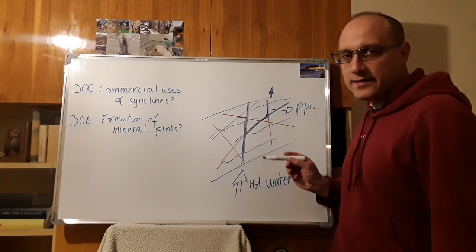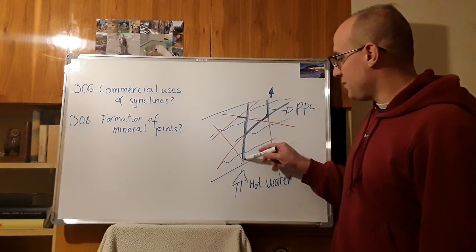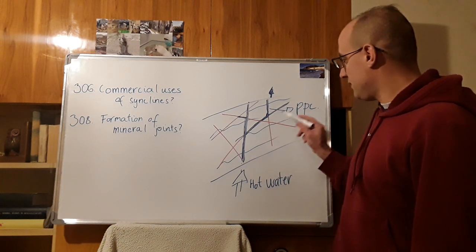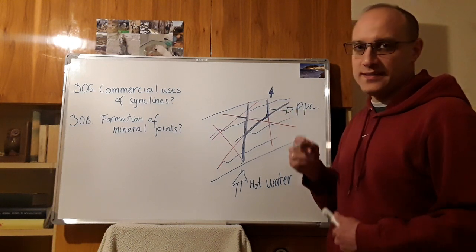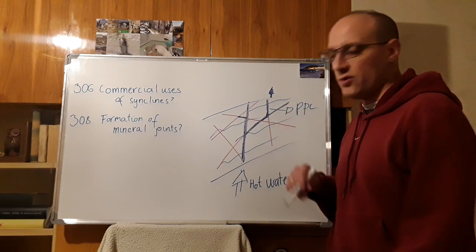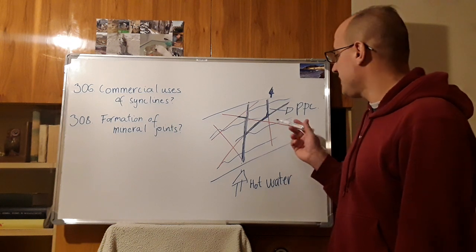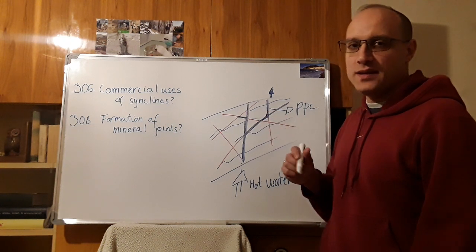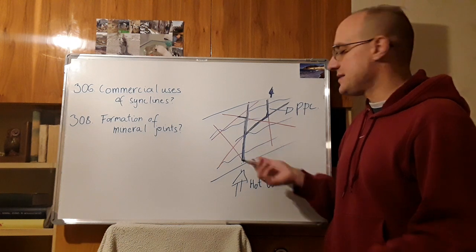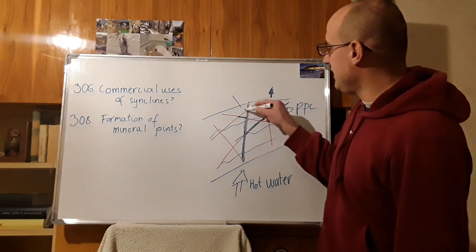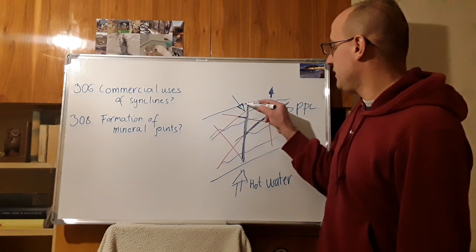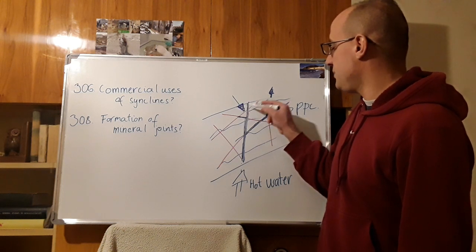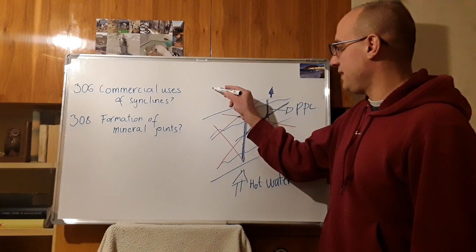And so these cracks, these joints, can be filled with the precipitated minerals, and this can be things like quartz, but quartz is not really valuable. Instead, sometimes it can be copper, gold, silver. So these joints would often be precipitation of gold and so on.